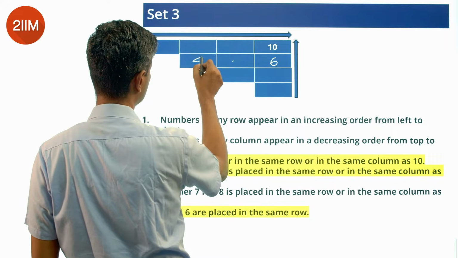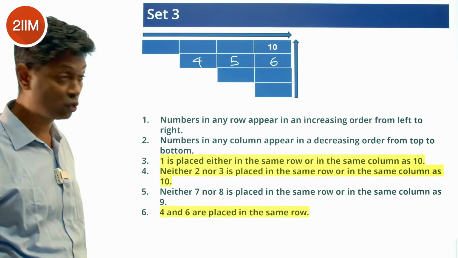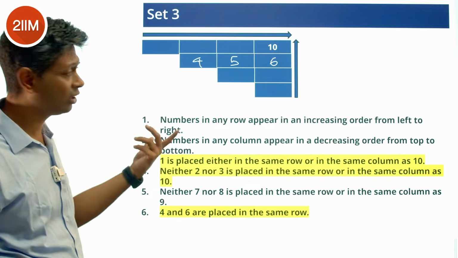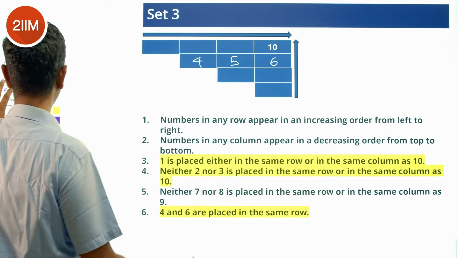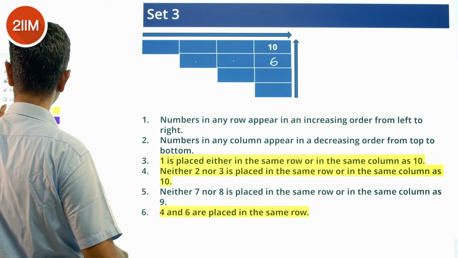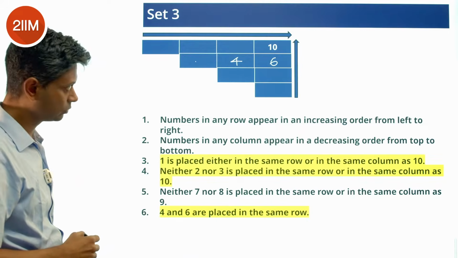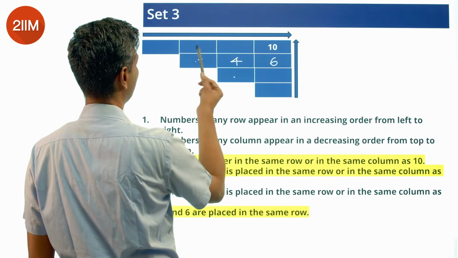If this were 4, this has to be 5. 4, 5, 6 is the only possibility. If this were 4, 5, 6, then there's no room for 2, 3. So this is not 4, 5, 6 like this. So I'm going to say erase 4, 5. This has to be 4. Now we could have 3 and 2, 2 and 3, either way.